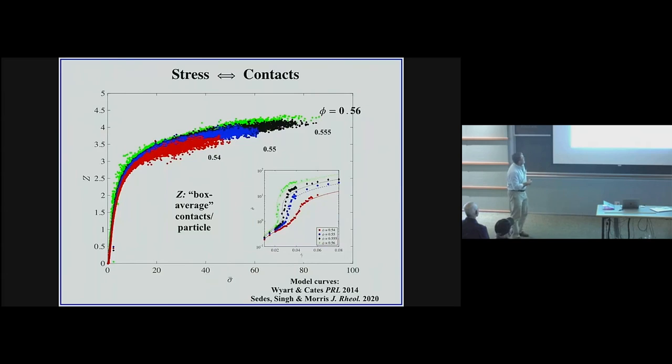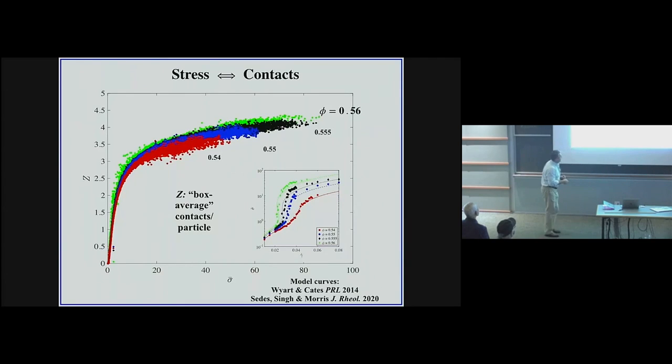And so here I'm plotting Z, the contact number on average for a simulation box of 1,000 particles, as a function of the dimensionless applied stress. And so we see that it goes up, and for 54 to 56%, I see these mildly different curves. But these curves have quite different rheology. You have a CST and then a DST, and going to this S-shaped curve.